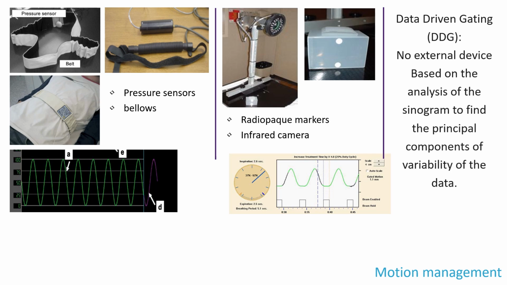Another system used is an infrared camera that follows the movement of two radio-opaque markers that can be positioned on the thorax or abdominal regions according to the part that moves more regularly during breathing.